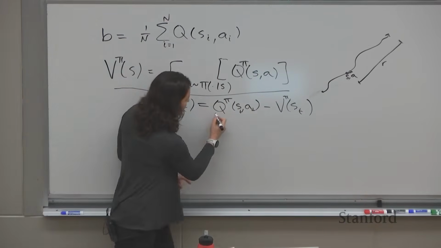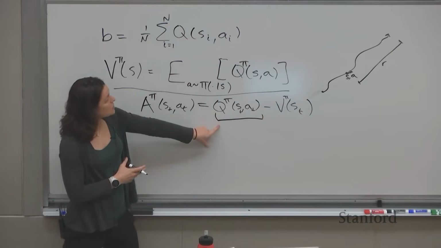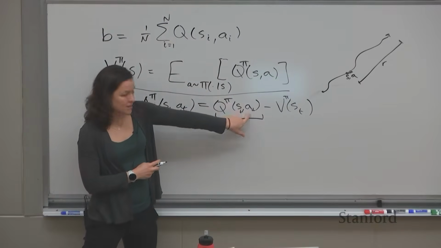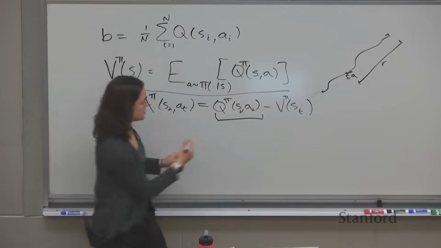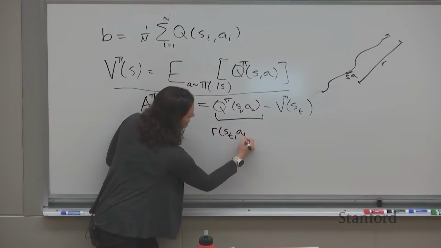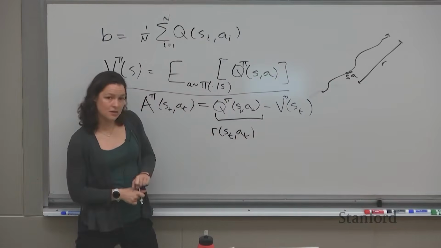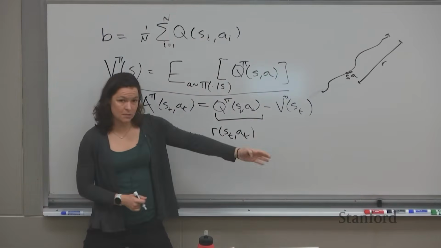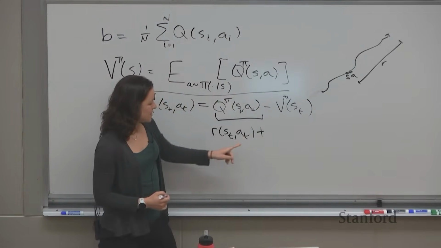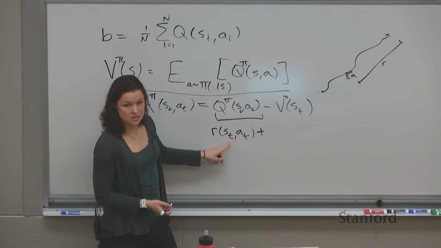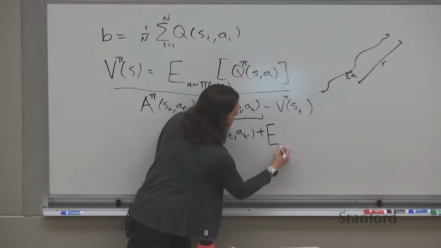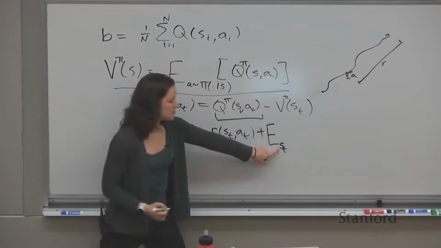To do this, we can think about Q^π right here. This Q function is the value of starting in s, taking a, and then summing the rewards. You can think of it as the reward at the current time step, plus the rewards that would come after that. For the rewards that come after, you'll have some next state, s_{t+1}.